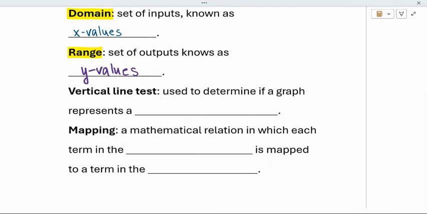We have a tool that we use. It is called the vertical line test. And we use it to determine if a graph represents a function. And we're going to demonstrate that today.